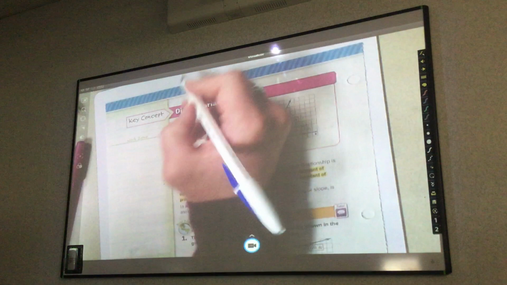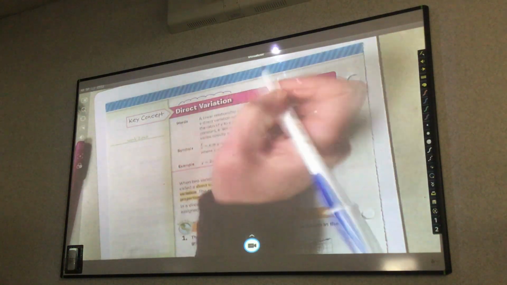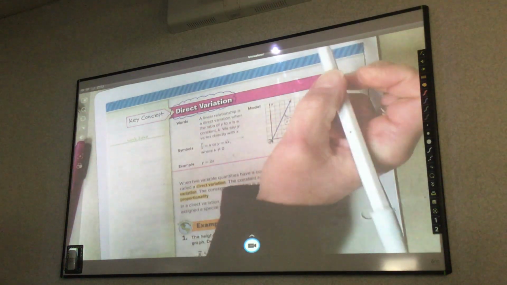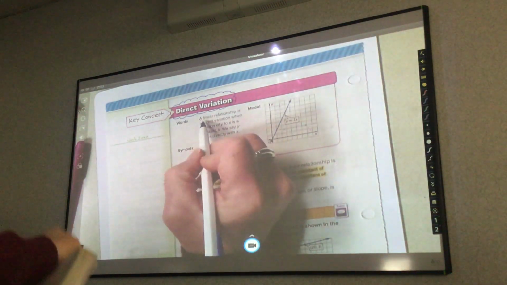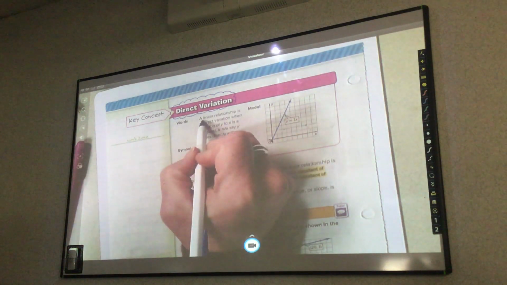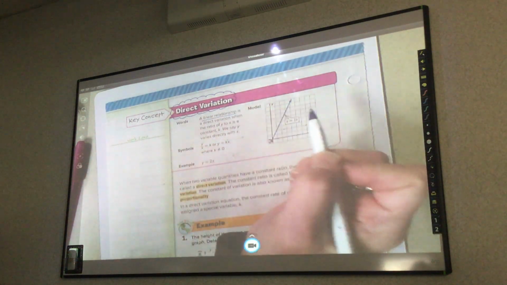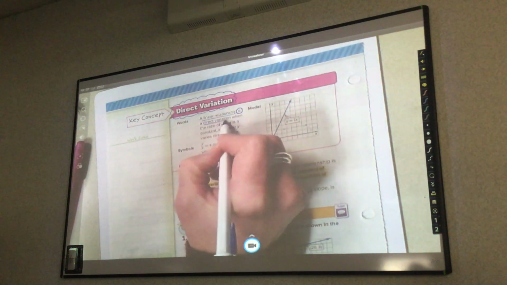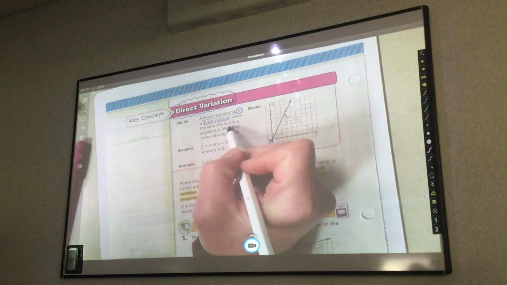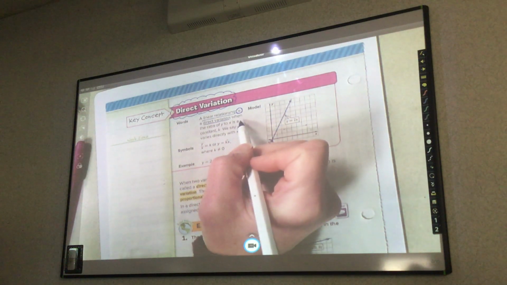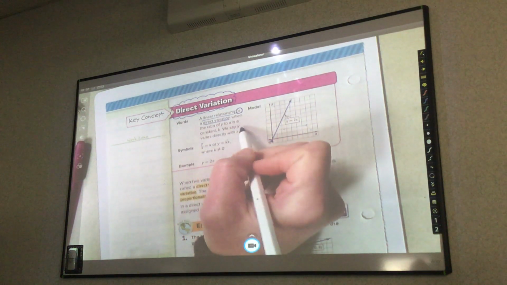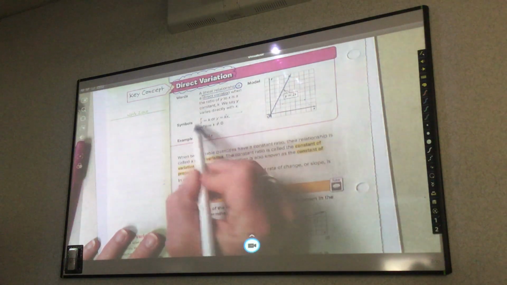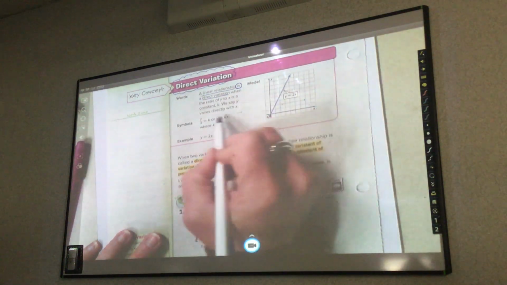I'm going to put some circles around this, direct variation. In words it says, a linear relationship, underline linear relationship, is a direct variation when the ratio of y to x is a constant k. We say y varies directly with x. Isn't this what we've been doing all of the time? Yeah. But let's just rewrite it, because I like to put k first.